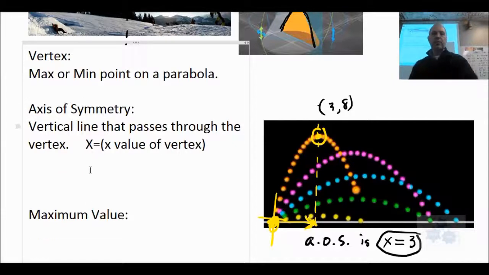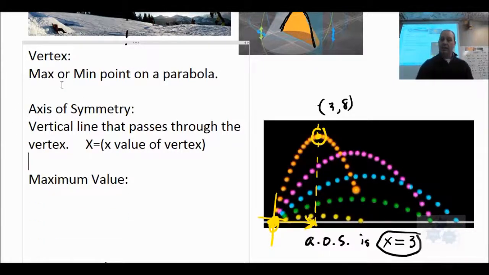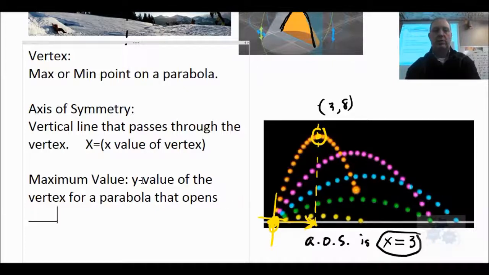So we talked about a minimum value as part of the definition for the vertex. The maximum value, sorry, would be the y value of the vertex for a parabola that opens what?